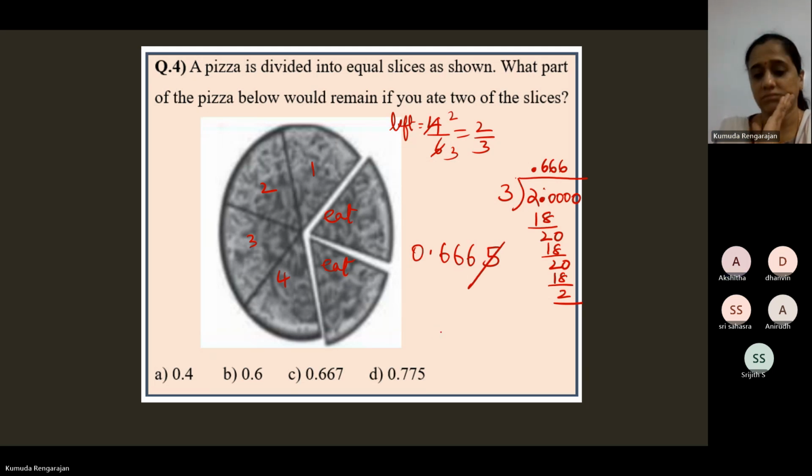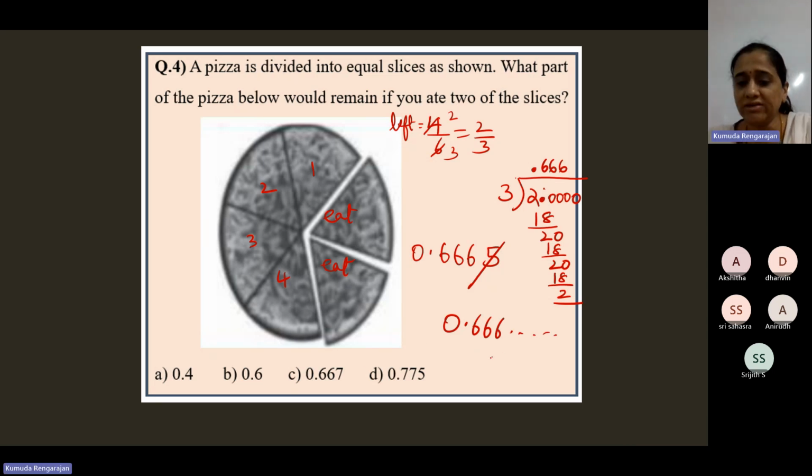Yeah. But supposing you had the option 0.666, select it. Or if you had the option 0.6 recurring, then select that option. You're not finding the correct answer here, so you should understand that this is the correct option.